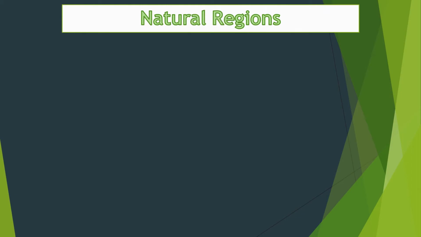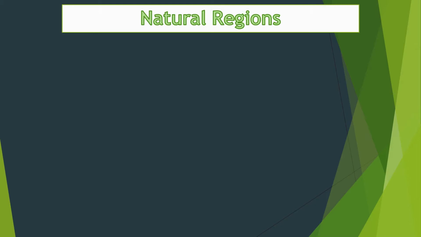What is a natural region? Well, a natural region is basically defined as a geographical unit which is divided on the basis of its natural features such as its vegetation, soil, climate, and wildlife.